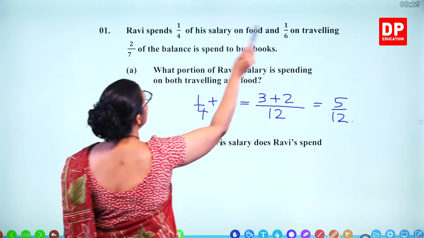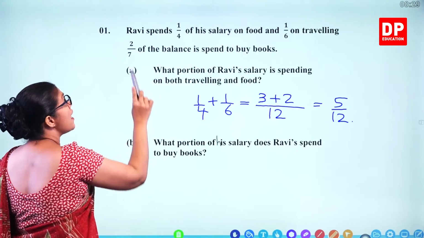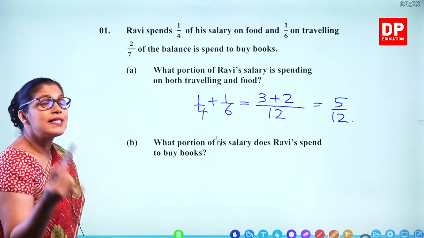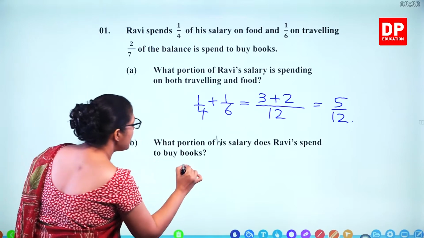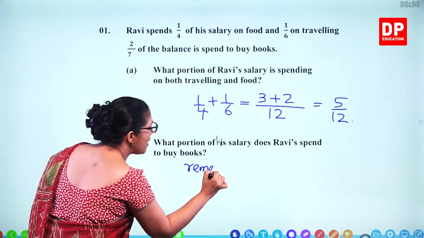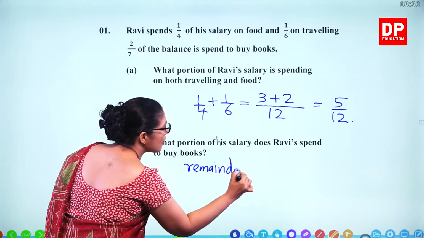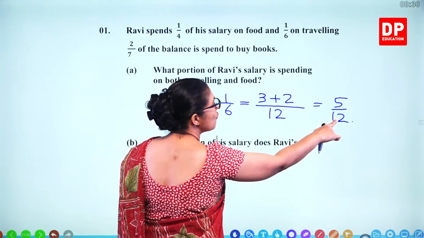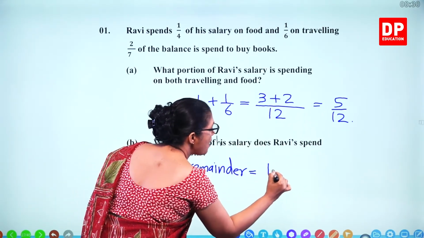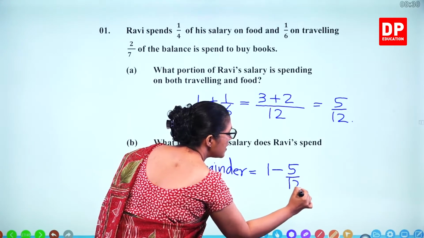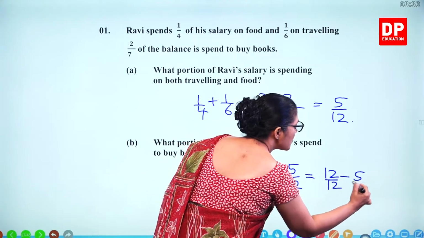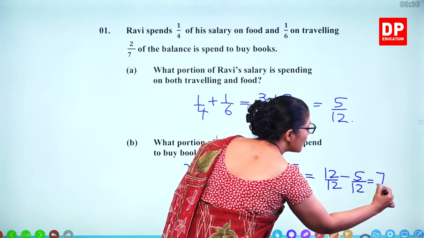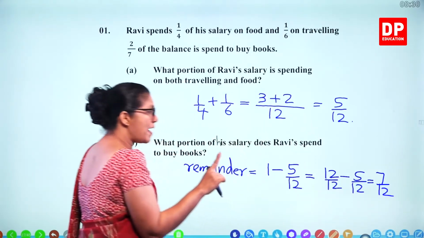Here you have to find out the remainder, and out of the remainder 2/7 is for buying books. So what is the remainder? First thing you have to find out the remainder. So this is 5 over 12. So 1 minus that is the remainder. How do you do that? 1 you can write 12 over 12 minus 5 over 12. That's 7 over 12. That's the remainder.